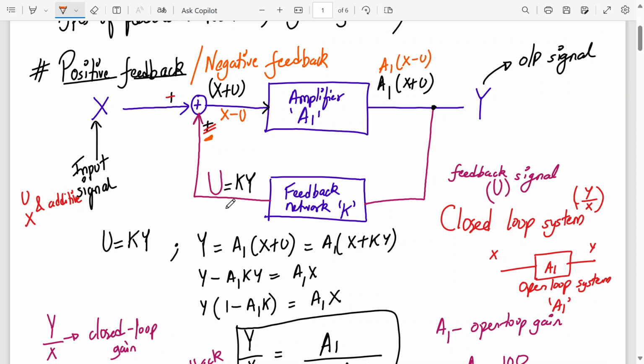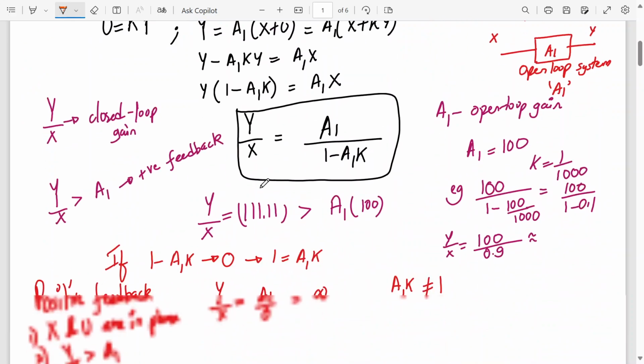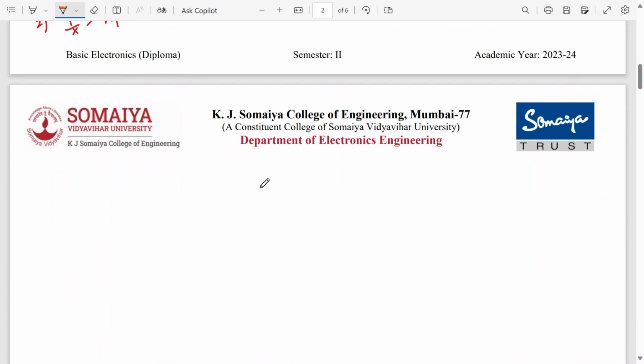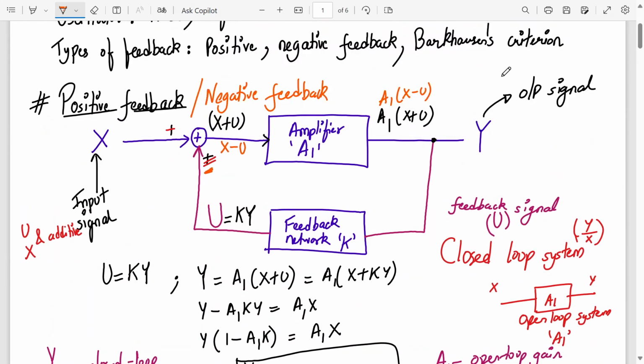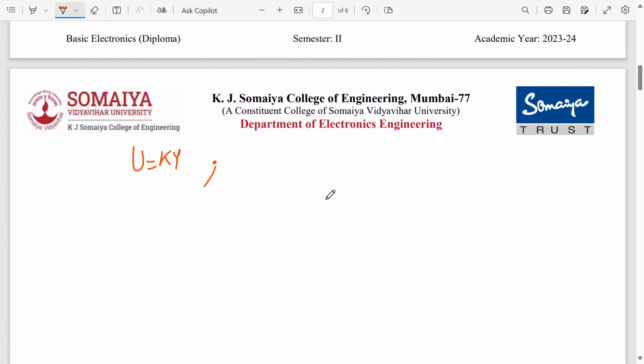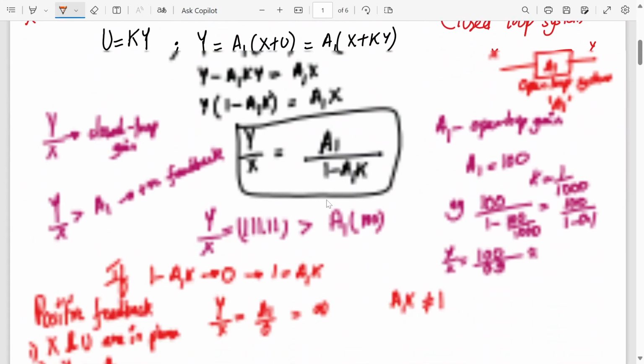Yes. So everywhere you will get a1 into x minus u. So let's solve this. u is k into y only. What will be y given by? y will be given by a1 into x minus u, right?